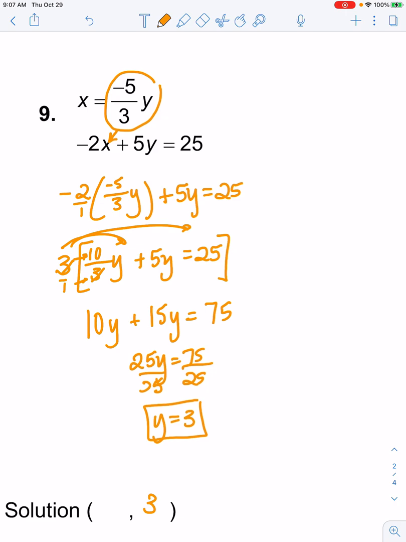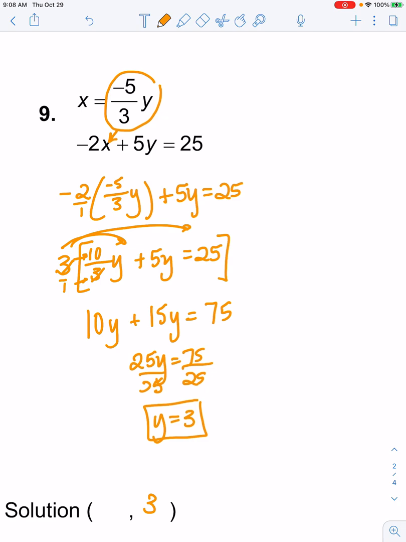Okay, so the fraction was not the end of the world. I still worked with it a little bit just to keep my substitution part intact. I don't want to mess up the substitution process by trying to clear the fraction too early. But as soon as you have just one equation with one variable that you're working with, you can get rid of that fraction and try to make numbers a little bit easier for you.